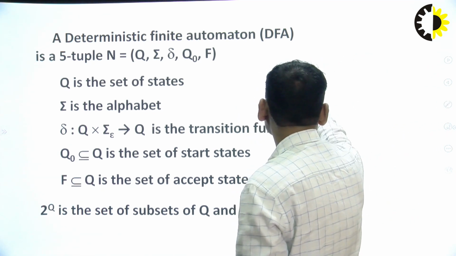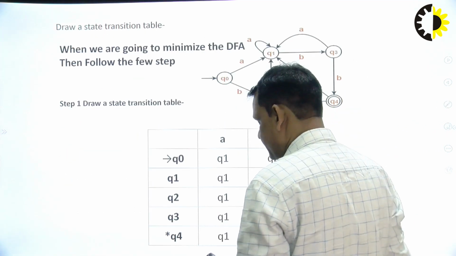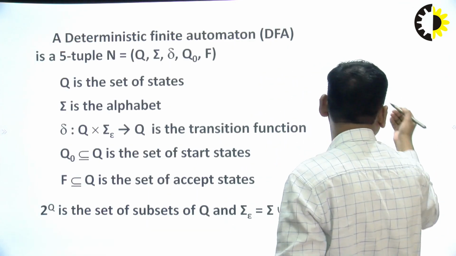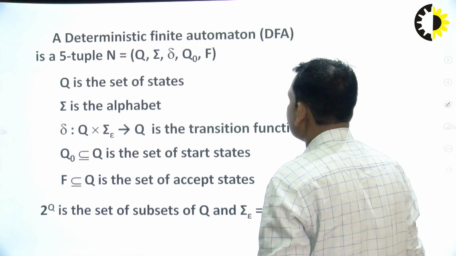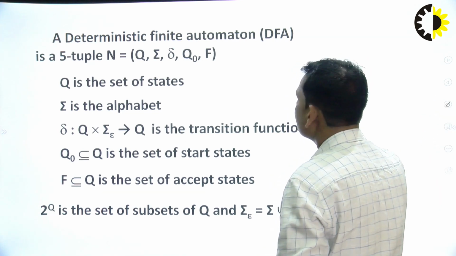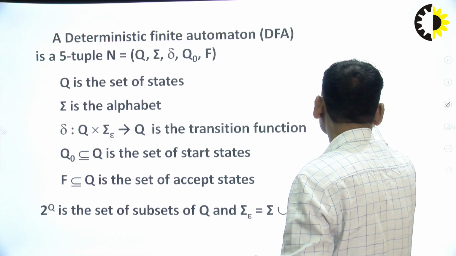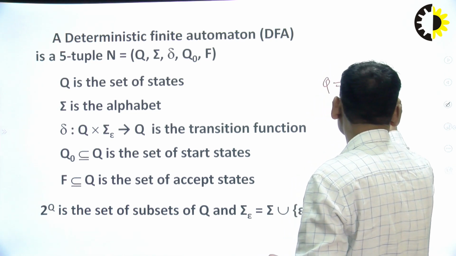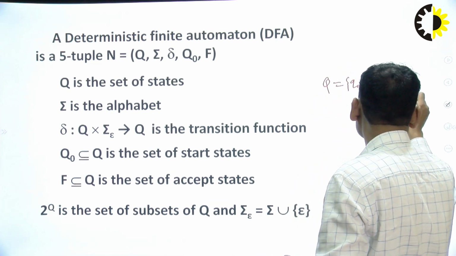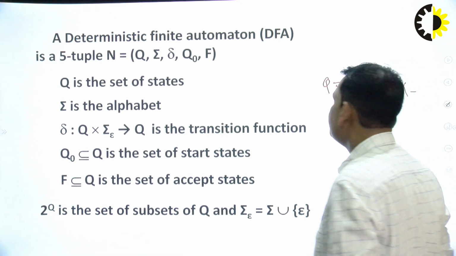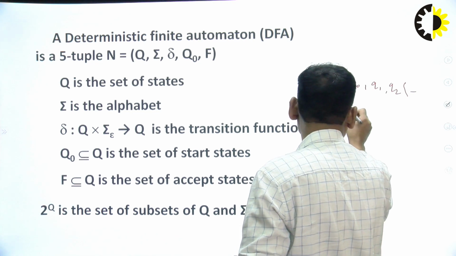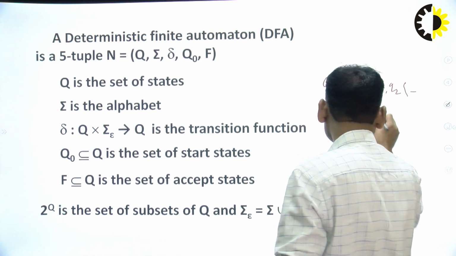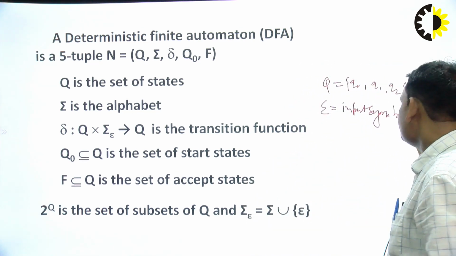First is the set of states, capital Q, equal to Q0, Q1, Q2 and so on, and second is the set of input symbols, a non-empty set of input symbols.